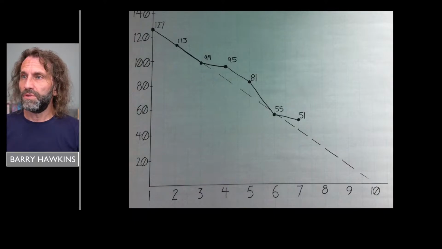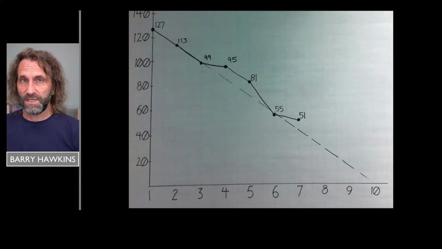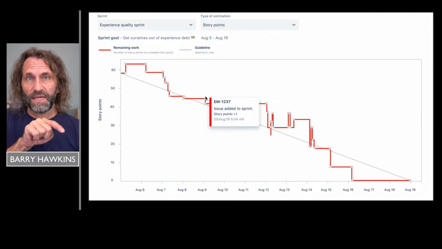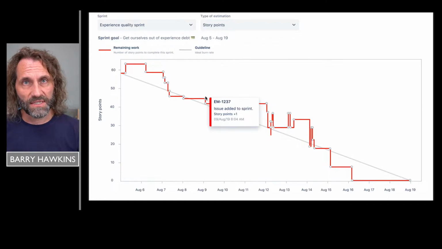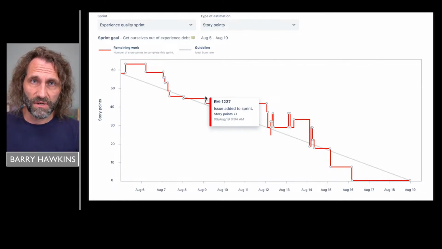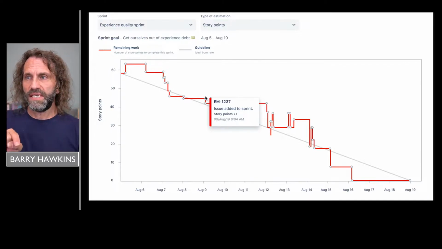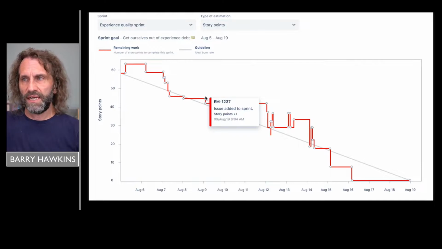But if you look at what it tends to look like in some of the digital systems that track against story points, you see this, where it almost looks like someone's oscilloscope is broken. For anyone with an electrical engineering background, for those who don't, I'm very sorry for that analogy. But you can see that it's very stepwise, and goes a while before things change.